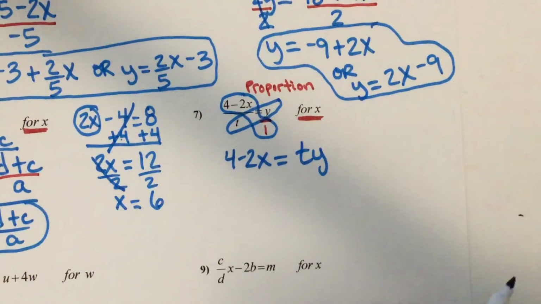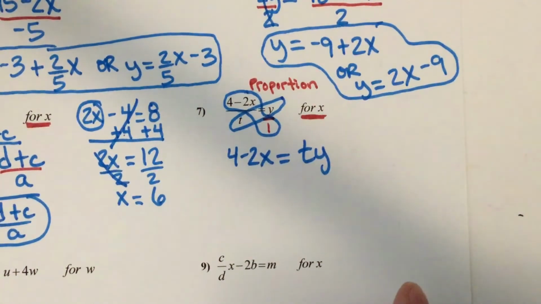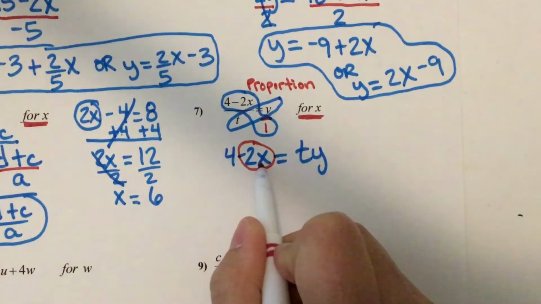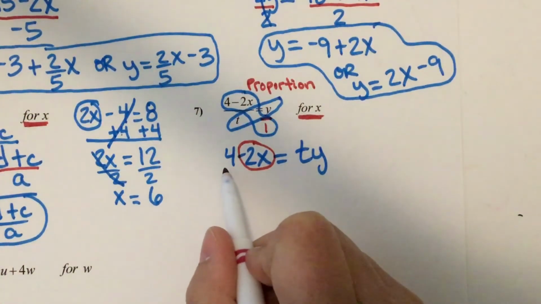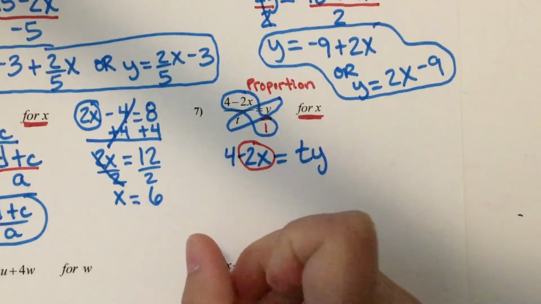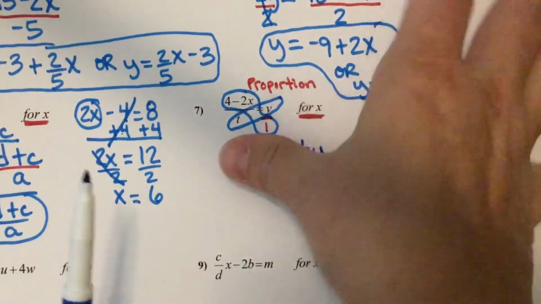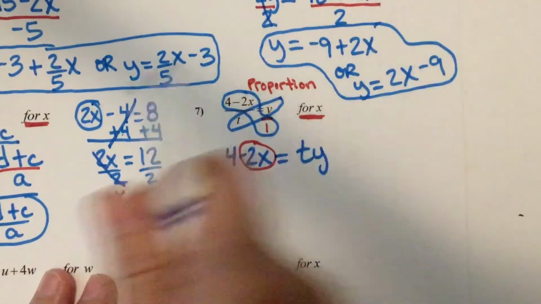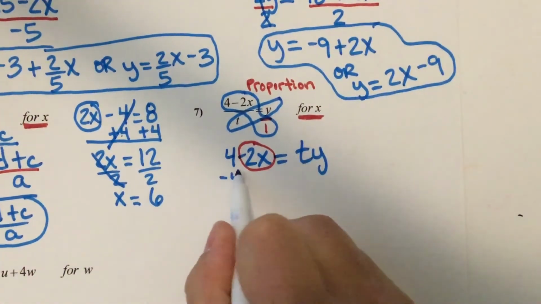Okay, now my goal is to solve for x. So I have something smushed against it, so I'm going to save that for last. And the guy that's outside of that, remember, we're going to zero him out. So this is a positive 4 because there's nothing to the left of it. So to get rid of a positive 4, we have to do the opposite and subtract.